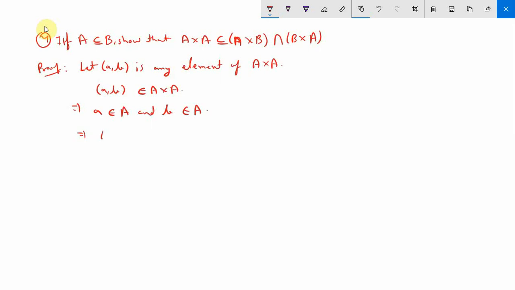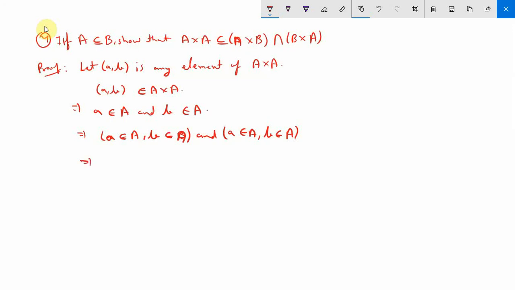From this we can write A is an element of A. Then B is an element of B and A is an element of A. B is an element of A. Okay.